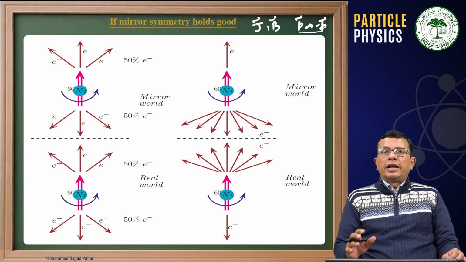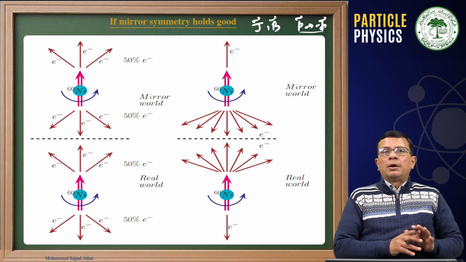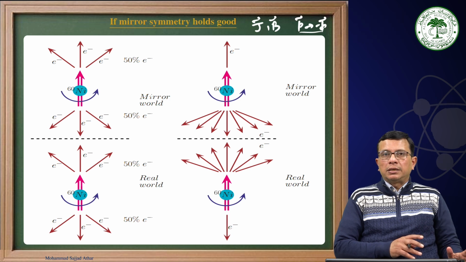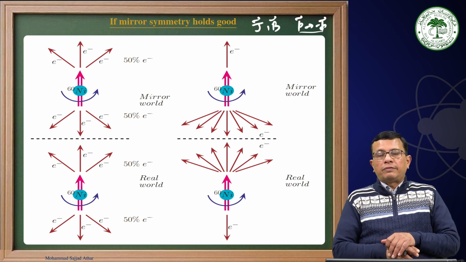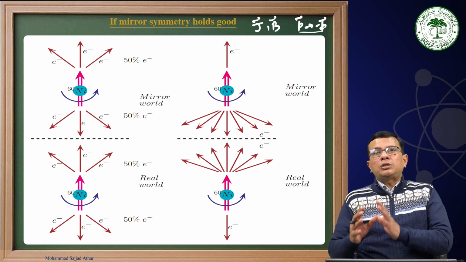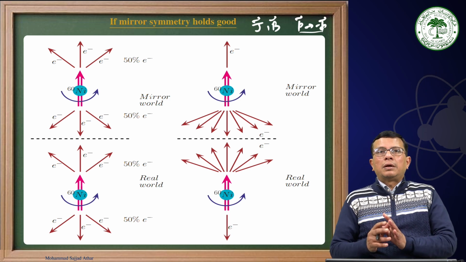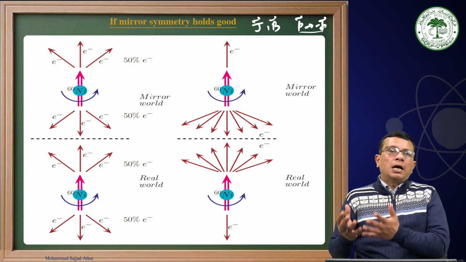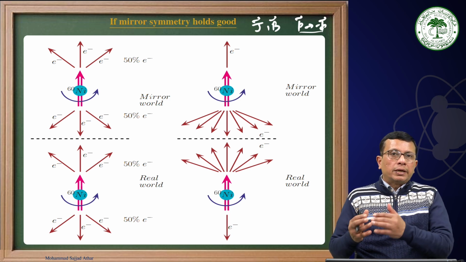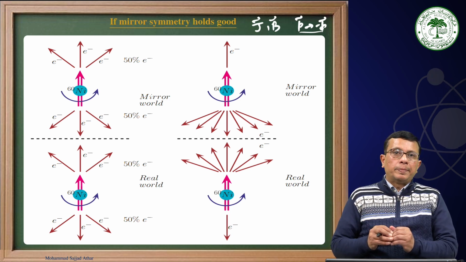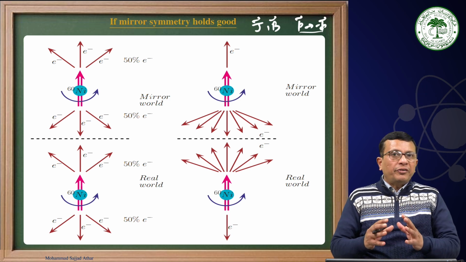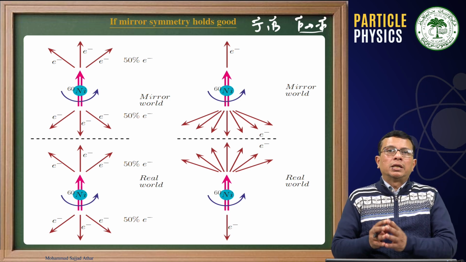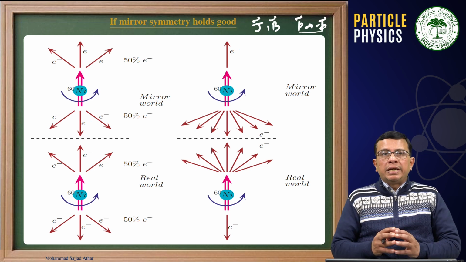Therefore, if the electrons initially were coming in one direction, when we take the mirror image, this time also we find that the electrons have preferred the direction in the northern hemisphere rather than in the southern hemisphere. That means there is an asymmetry, a preference in a particular direction, which proved that parity is not conserved in beta decay.